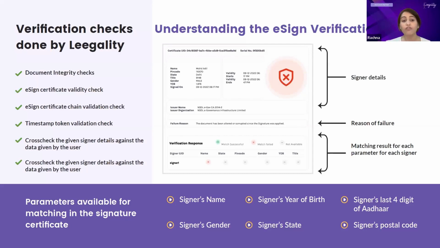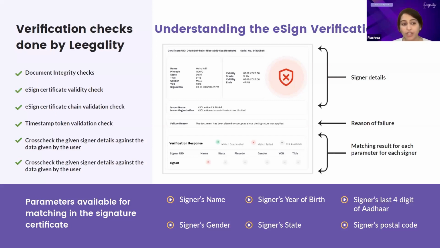There is no way for you to check it manually for bulk use cases. And it's safe to say that Legality's verifier product is one of its kind, and nobody in the market is right now serving such a comprehensive solution which allows you to do checks based on name, gender, YOB for bulk documents.